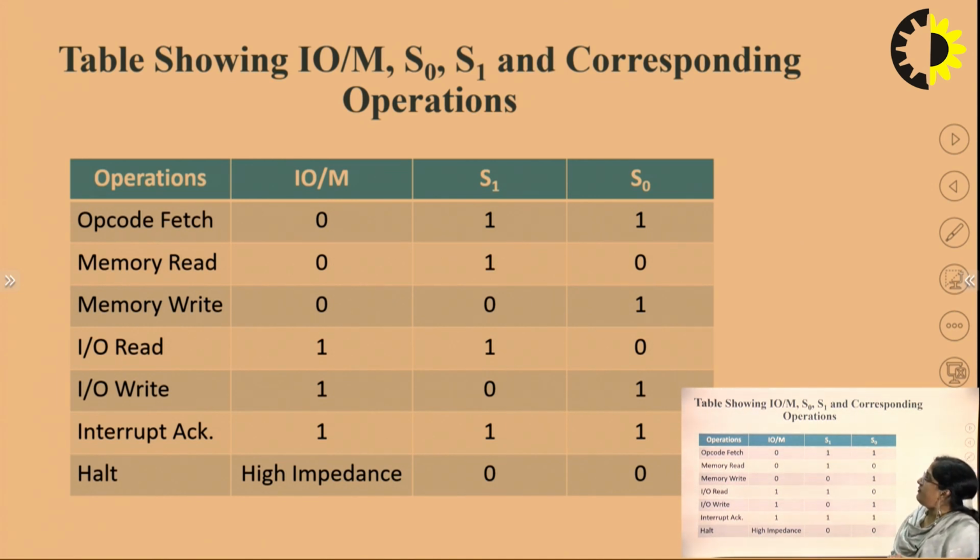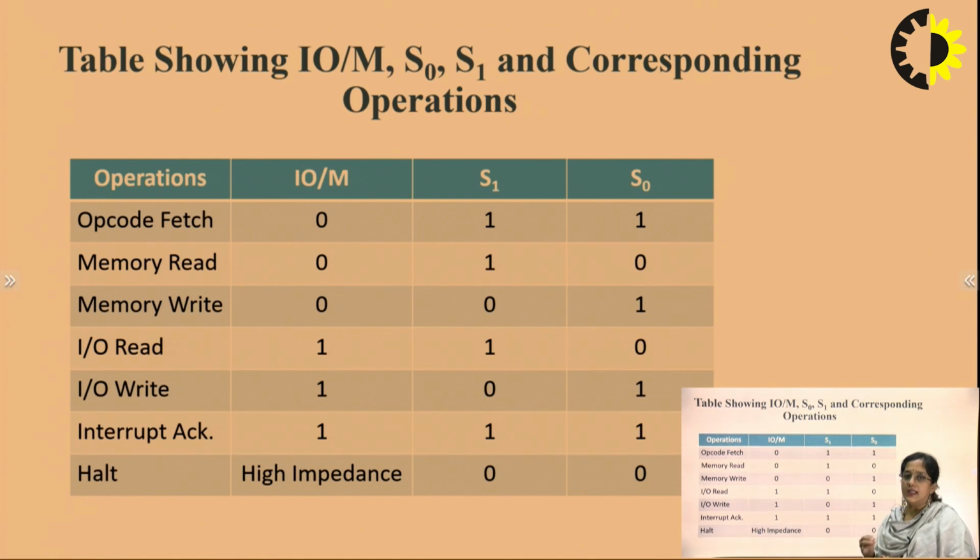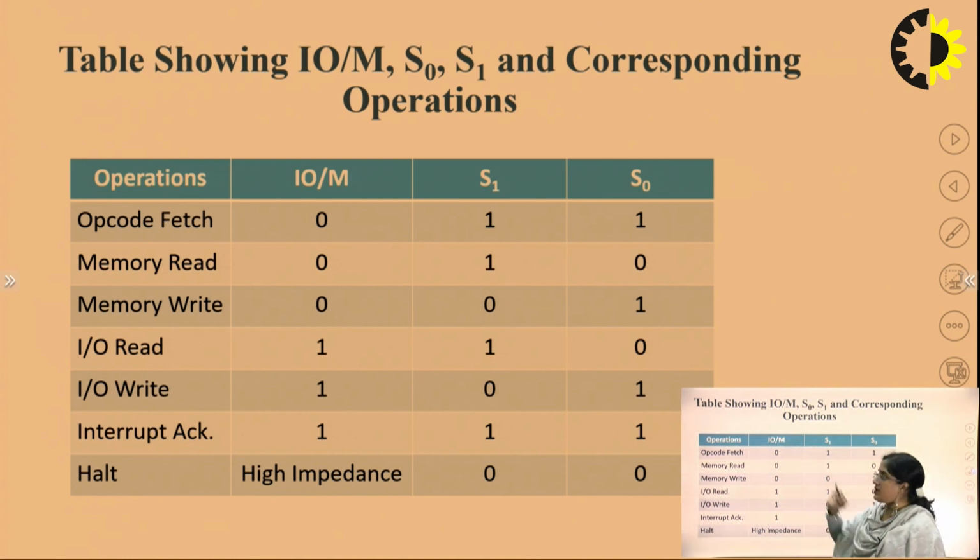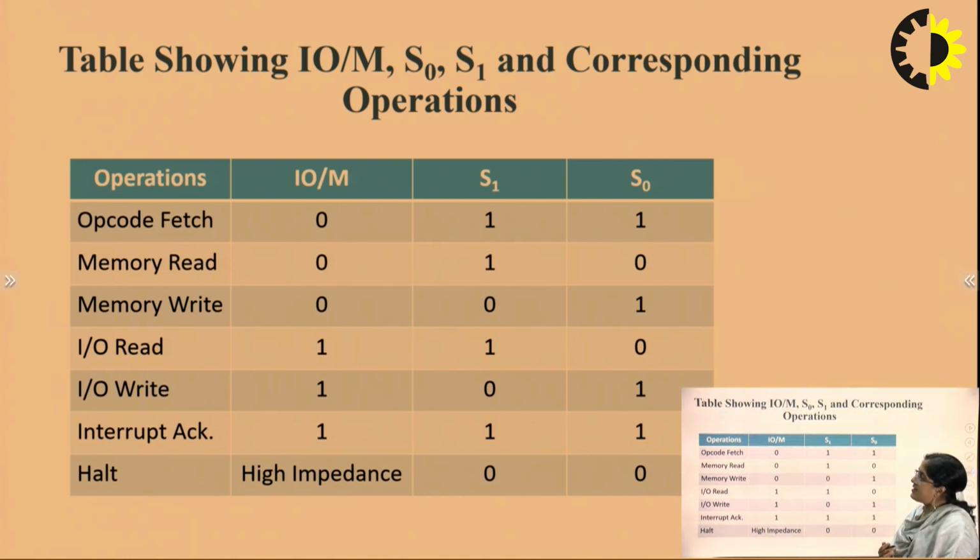This is the table which shows the relation of the status signals. Whenever any operation is going to be performed by the microprocessor, what is the outcome on the status signals? There are 3 status signals, S1, S0, and IO/M bar. These three status signals give us the status of whether the microprocessor is doing opcode fetch, memory read, memory write, IO read, IO write, or interrupt acknowledgement.